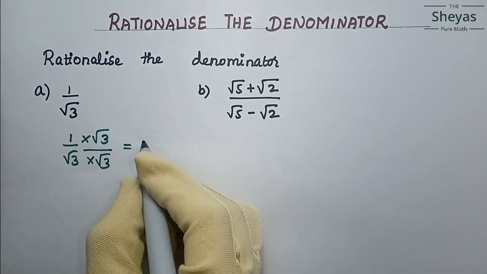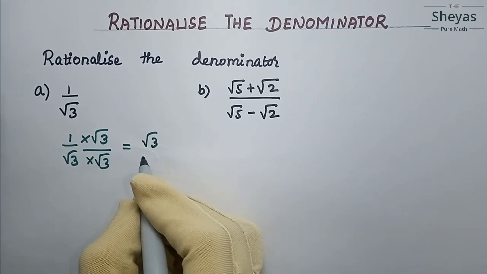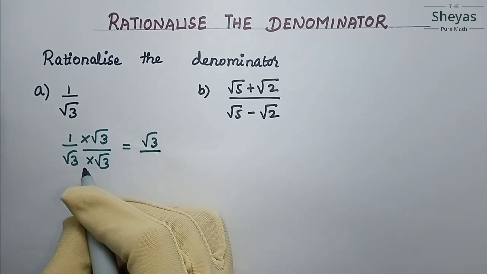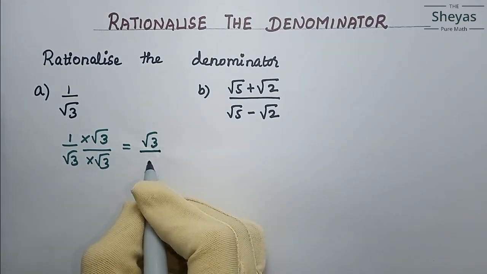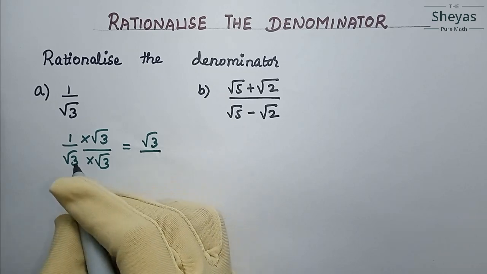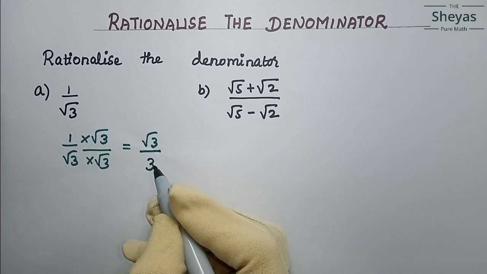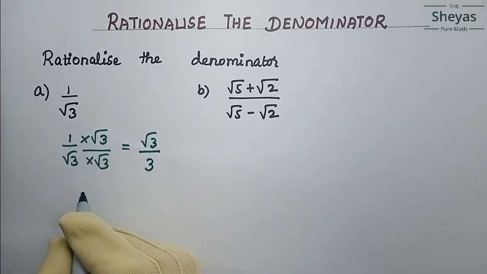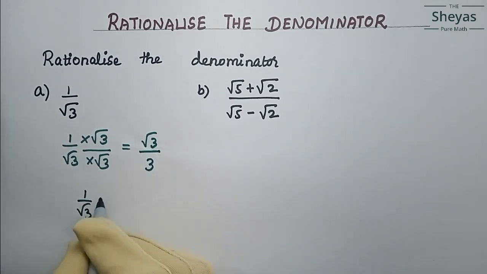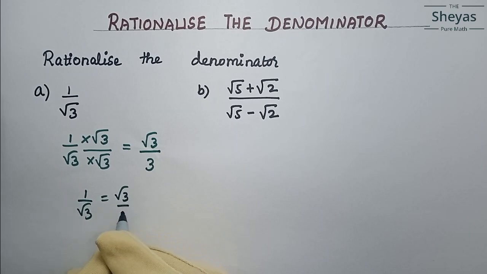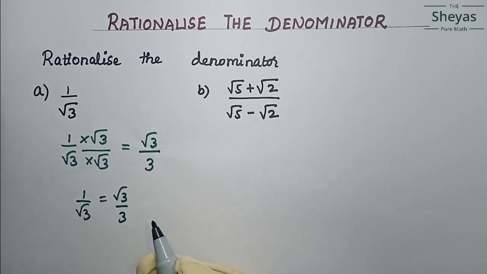So 1 into root 3 is root 3. Then root 3 into root 3, we can write, is 3. So 1 by root 3 is equal to root 3 by 3, which is the required answer. Now we have rationalized the denominator.